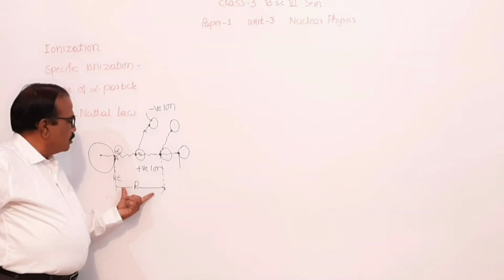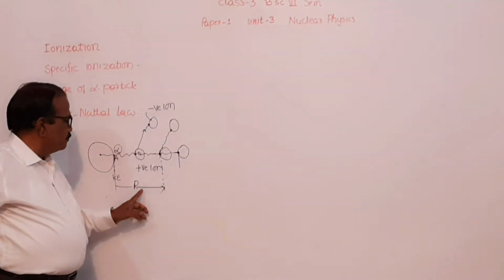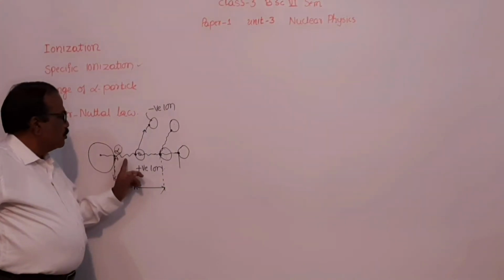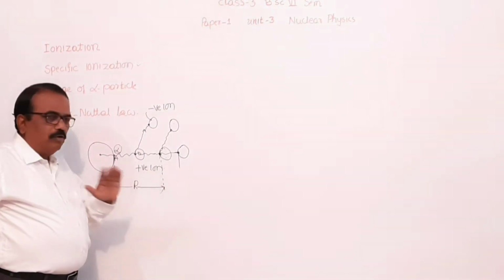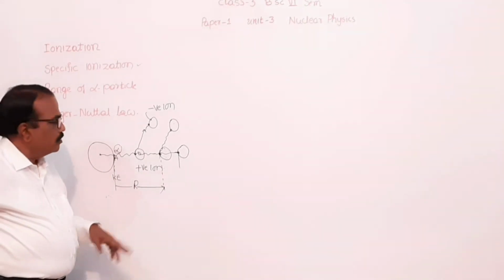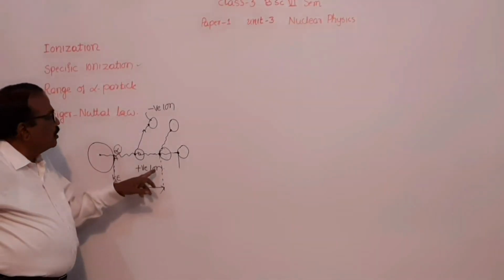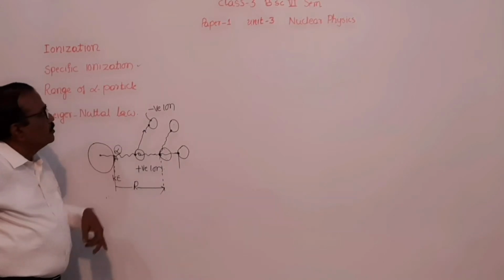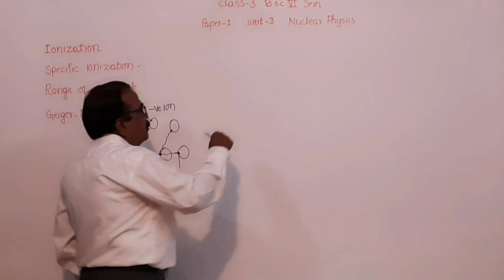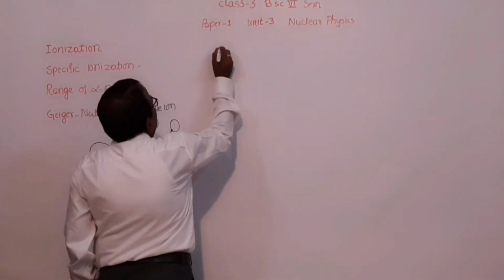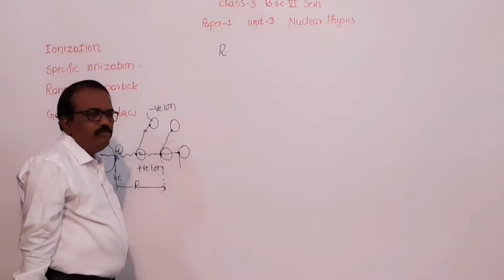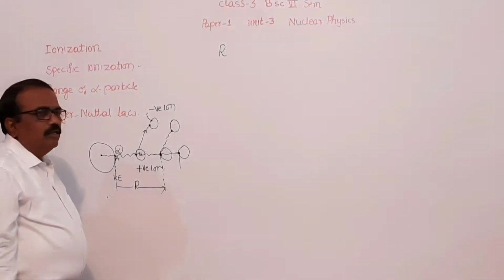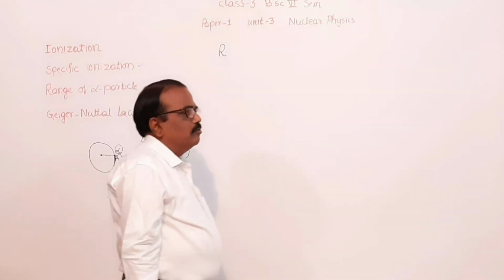The distance traveled by the alpha particle in the air medium, so that it cannot further ionize because it loses energy, that distance is called as range of the alpha particle. That range of the alpha particle is represented by R. Then the range of the alpha particle depends on what?